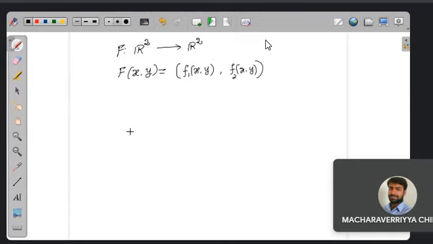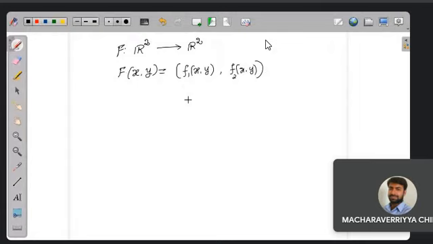So if you observe it, this component and this component are again functions of x comma y, and this f1 is actually a function from R2 to R. Okay, and f2 is again a function from R2 to R. Simply what we have done here is we have taken the Cartesian product of these two functions. That is our capital F. And the output, instead of getting a single value, we got it in vector form, an array form. So that's why we call it vector valued.